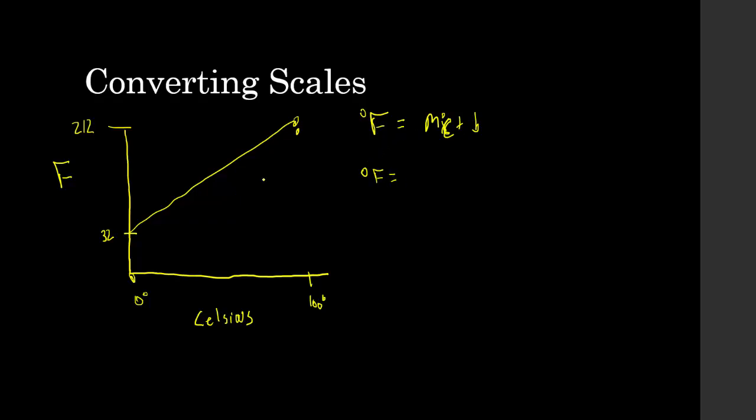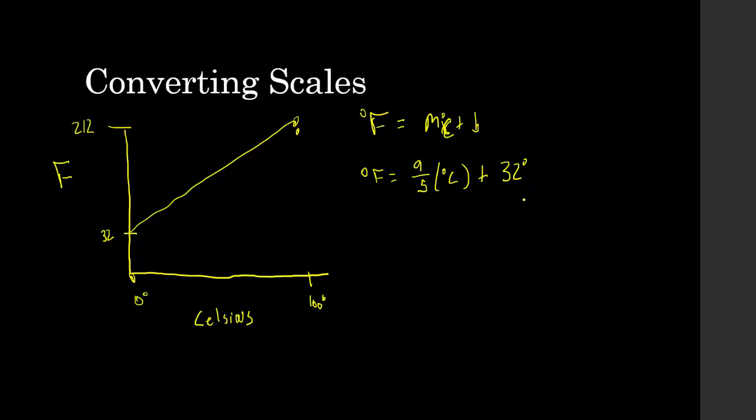What's our slope? This thing went up 180 and it went over 100. Well, 180 over 100 is 18 over 10, or 9 over 5. So 9/5 times degrees Celsius, plus our y-intercept, 32. So we have degrees Fahrenheit equals 9/5 times degrees Celsius plus 32 degrees.